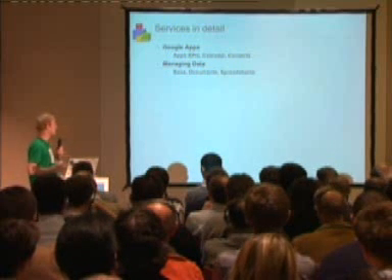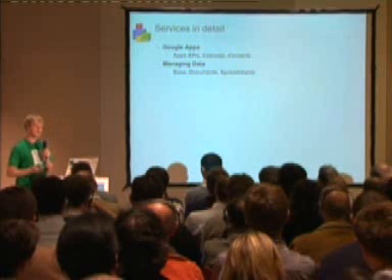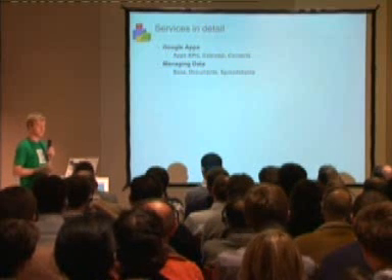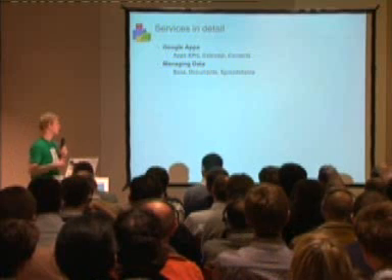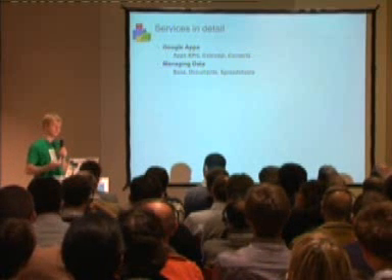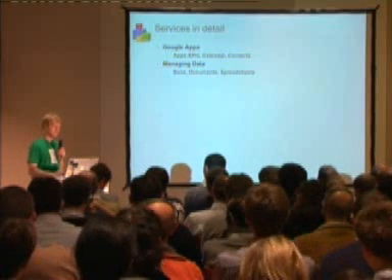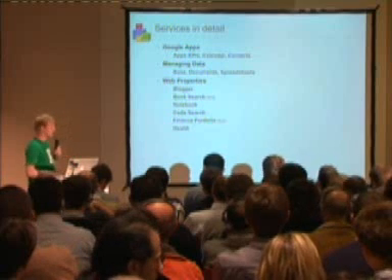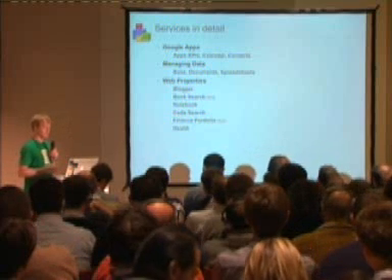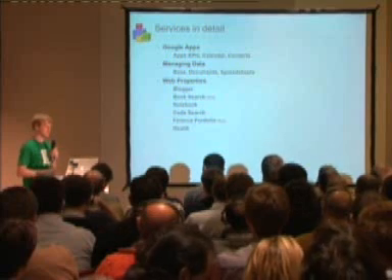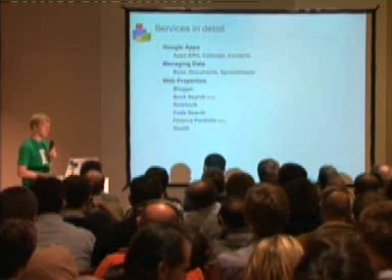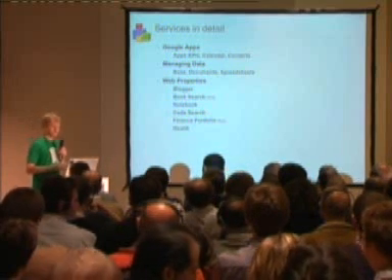Then we have some APIs that are more for managing data. So you're probably familiar with Google Base, our database, Google Documents, Google Spreadsheets. These are also data APIs. Then we have APIs that are for specific Google web properties. So Blogger, the leading blog platform, has a Google Data API. Book Search is a Google Data API.